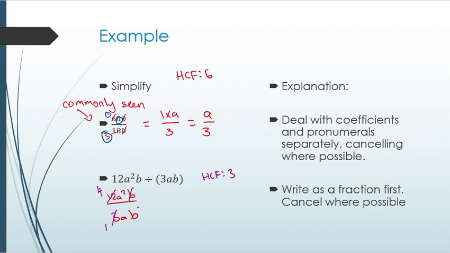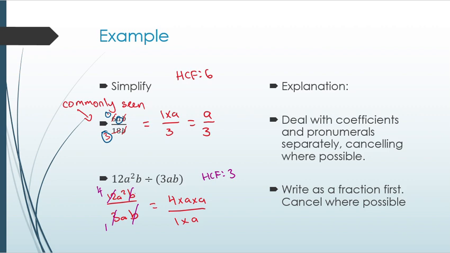I can cancel out b. Yes, most definitely, because there's one b in the numerator and one b in the denominator. That's perfectly fine. The tricky part is this a squared and this a here. If I were to rewrite this out, this would now become 4 times a times a over 1 times a.